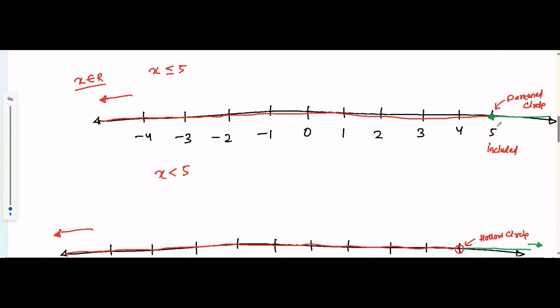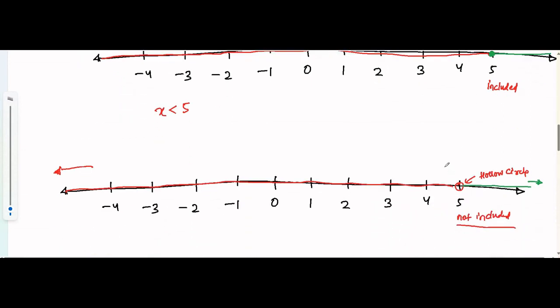So everything greater than that and including 5 is part of the solution. This is for x greater than or equal to 5. The line goes to the right hand side. Here the green one is x greater than 5. 5 is not included, and everything else to the right of it is part of the solution. So this is the convention, always remember that.